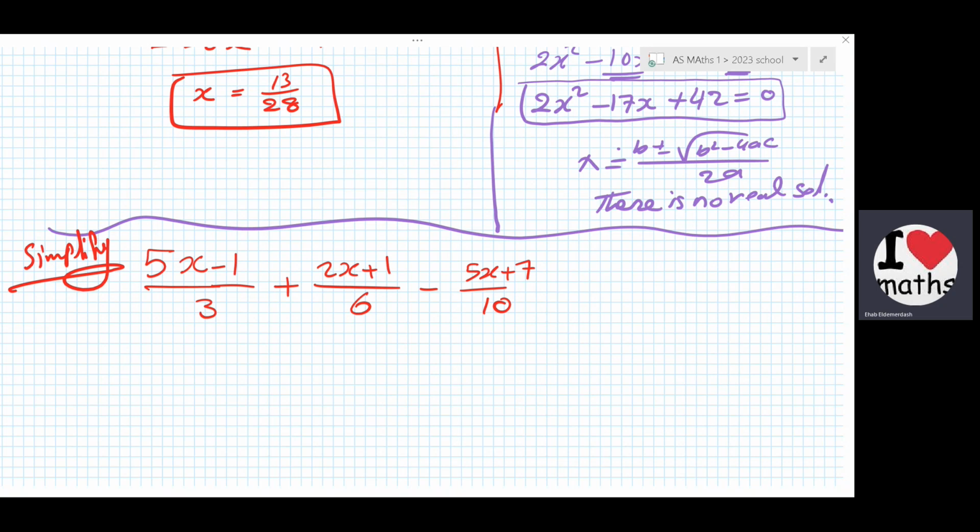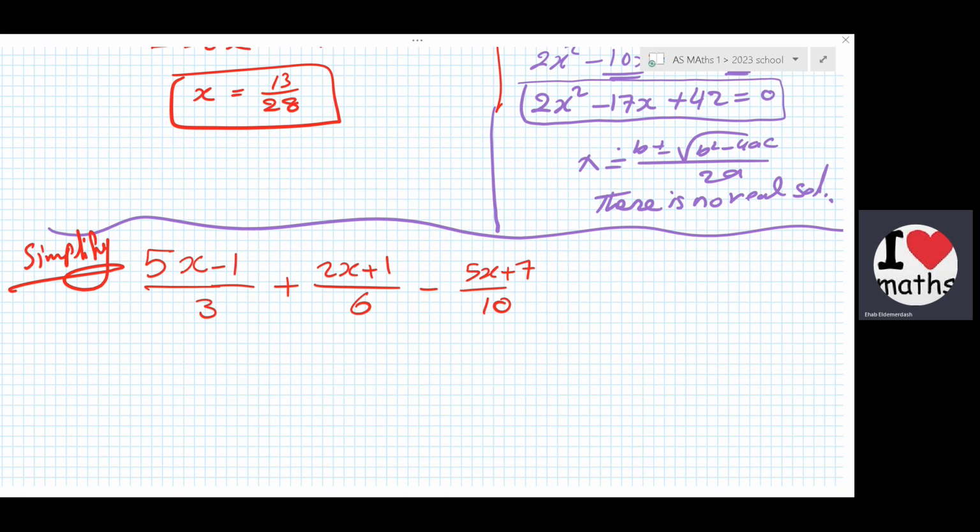If you multiply 3 by 6 by 10 instead, you will make it longer and bigger, because afterwards you still have to simplify.